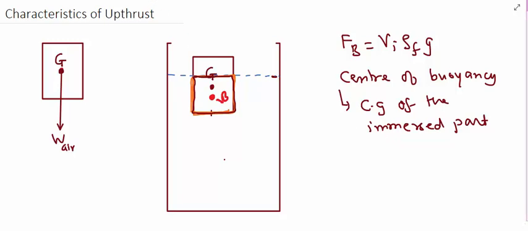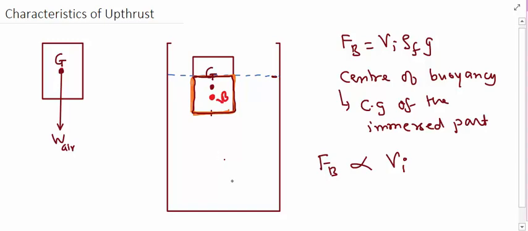Let us look at a couple more characteristics of upthrust, and those are evident from this equation. From this equation we can say that upthrust is proportional to immersed volume. More the immersed volume, more the upthrust. If an object goes deeper inside a liquid, upthrust will increase because the immersed volume is increasing.